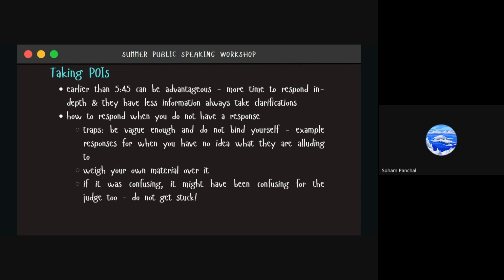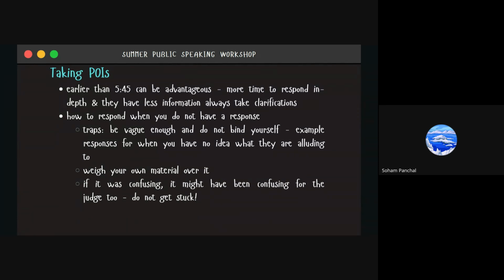I prefer taking a POI after the 2 minute mark so I'm able to put down my own points also. If you take a POI before 2 minutes, you could waste your time just interacting with or tackling that POI and not be able to put down all your own points. So try to take it before 5:45, and ideally after 2 minutes, as you could respond in more depth and tackle it more easily.